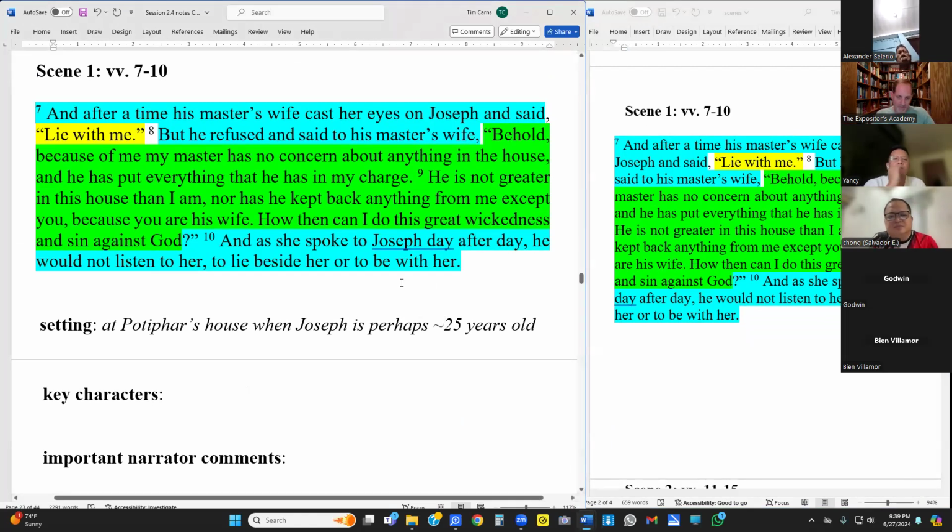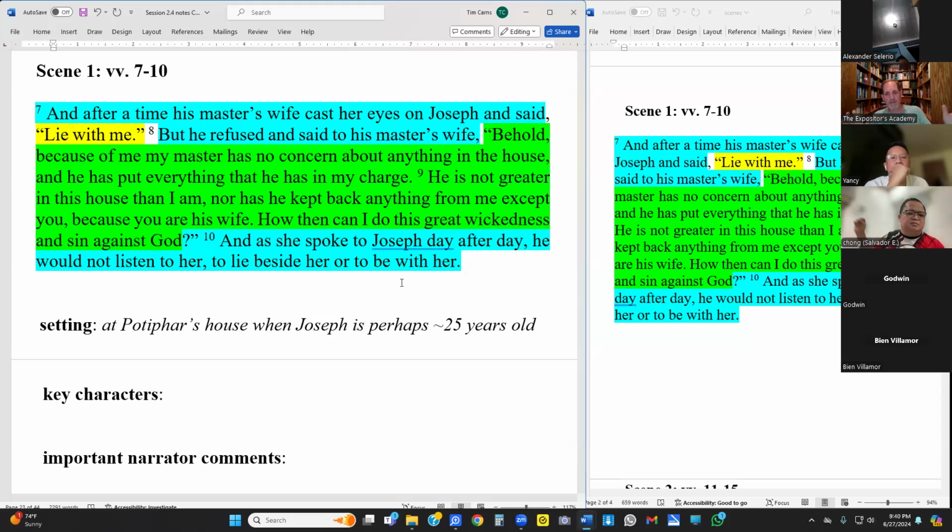The first 6 verses cover a period of time. It's a summary of how God was with Joseph and blessed Joseph and used him to be a blessing to Potiphar. So now Moses is zeroing in, focusing on a particular sequence of events that was going to take place.